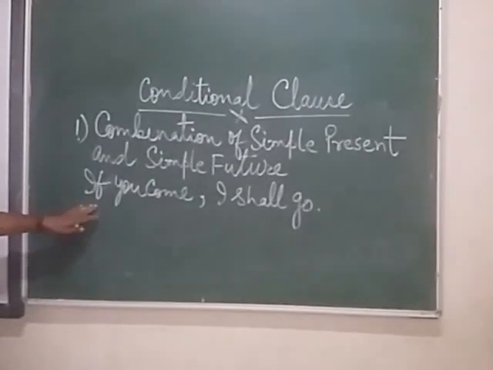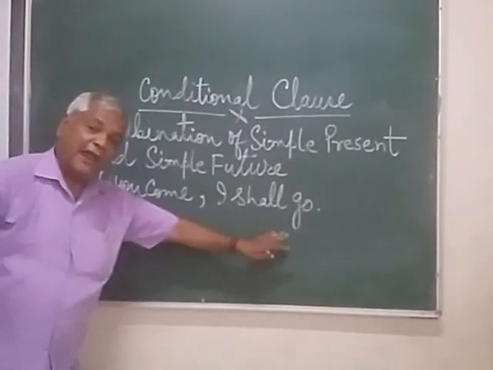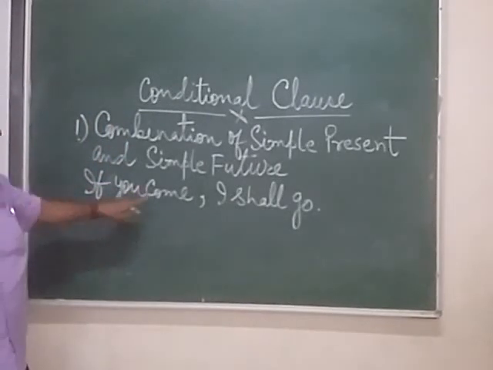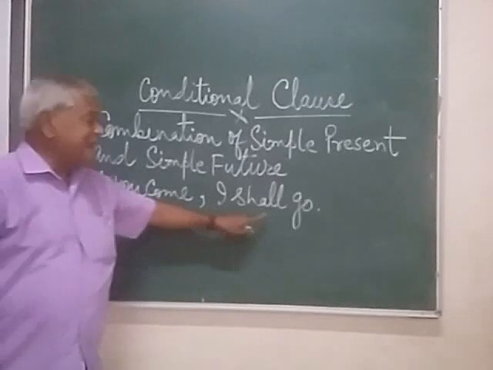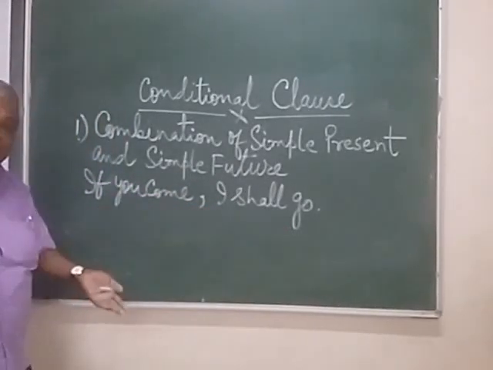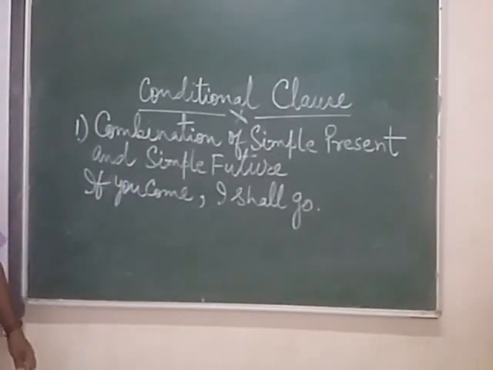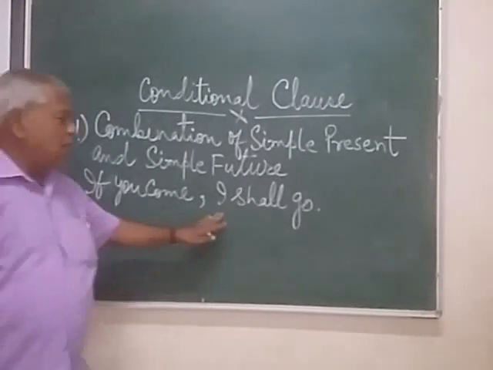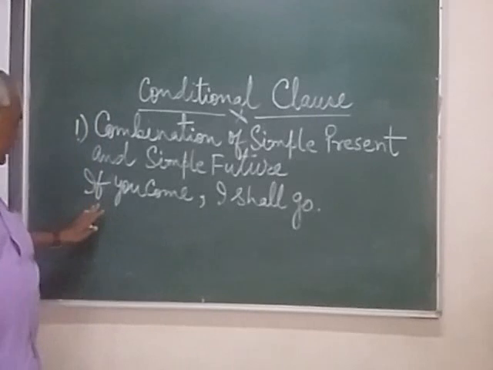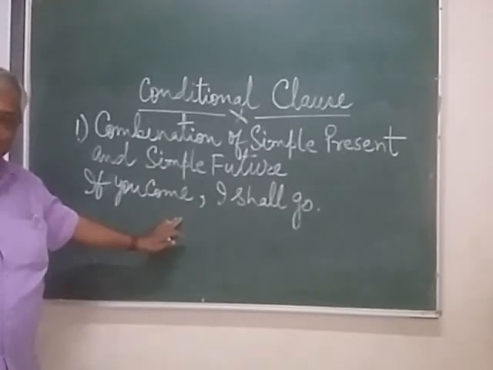Conditional clause. If you come, I shall go. So if you come, this is from simple present, and I shall go, this is simple future. A sentence like that can also be written in reciprocal manner: I shall go if you come.